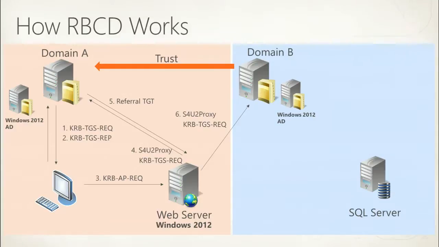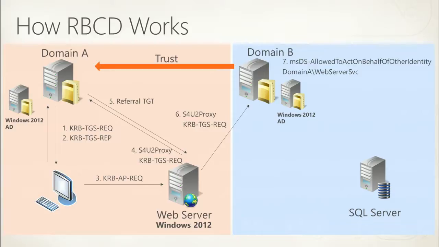But it's also going to stop at that point and say, well, I've got a request coming in from this other domain. I don't really know if I want to allow that particular service to do the delegation. So we've added a new attribute in the schema to specify that. That new attribute is msDS-AllowedToActOnBehalfOfOtherIdentity. And you can say that three times fast.